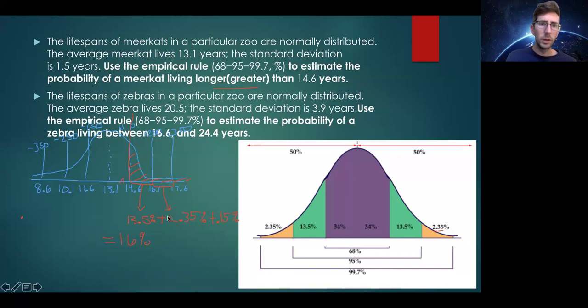One way I did that so quickly was that if you remember from the last problem, we found this green shaded area. We found the area under the curve to the left of 1 standard deviation above our mean.